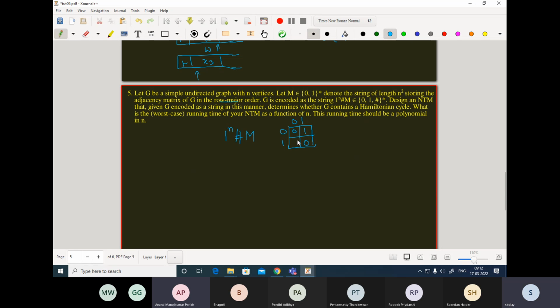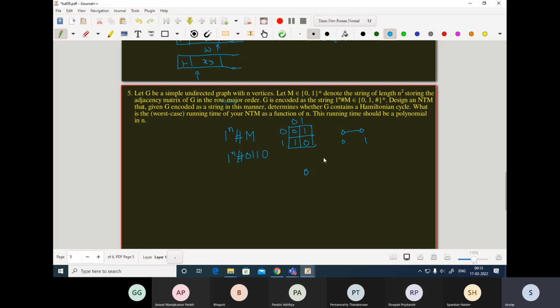If it's 1, then you are basically writing this down as 0, 1, 1, 0 after the hash. Okay, so this basically corresponds to this particular graph.